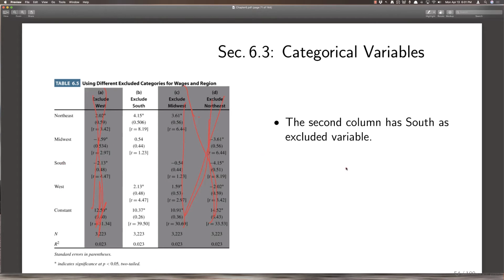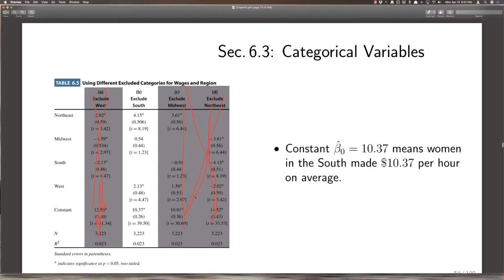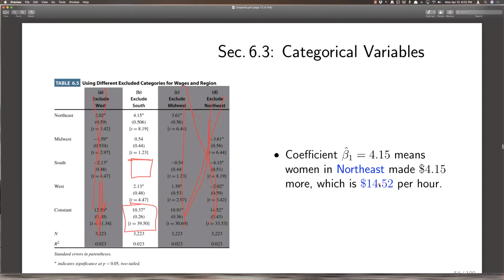South is omitted, all right? So the constant here, 10.37, is statistically significant. This is the average for the omitted group, the average for women in the South. So on average, women in the South made, at least for this data set when it was taken, $10.37 per hour. What about the coefficient for Northeast?